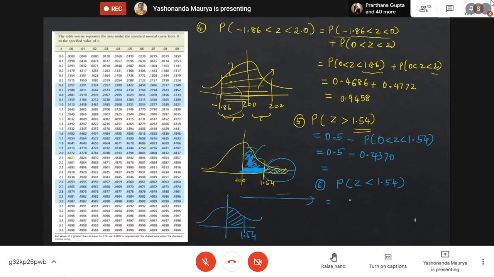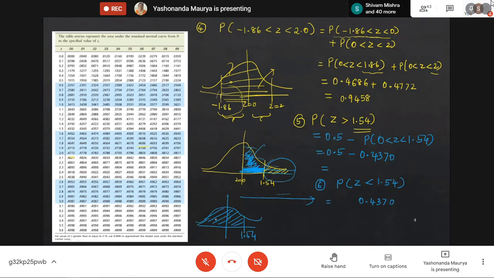It will be 0.4370. Is this clear? This is not correct. Plus 0.5. Very good. Because when we say Z is less than this, I have to include all the region which is there.